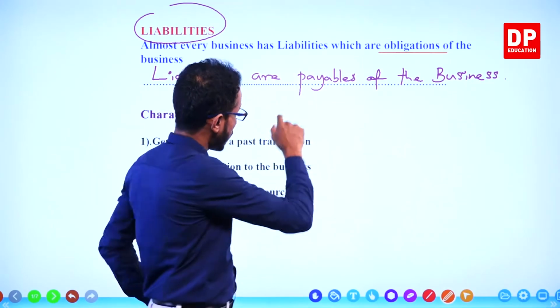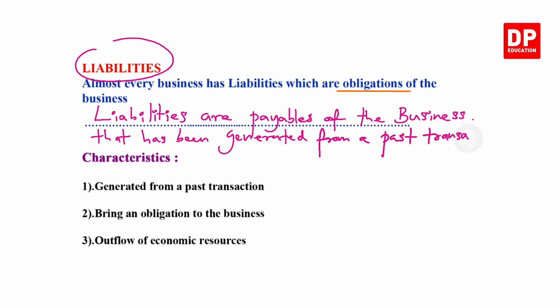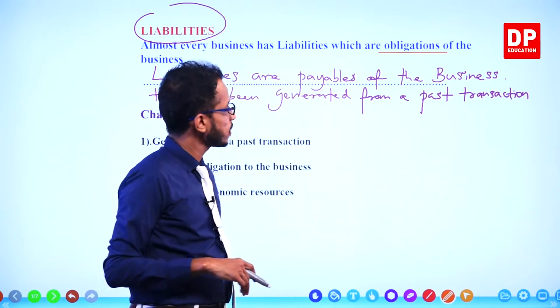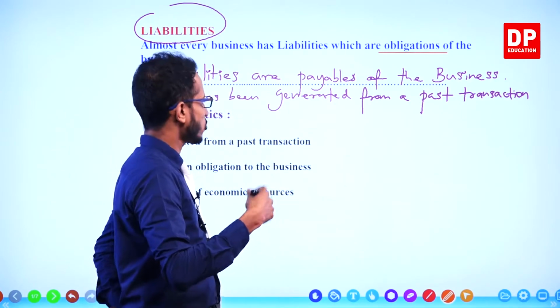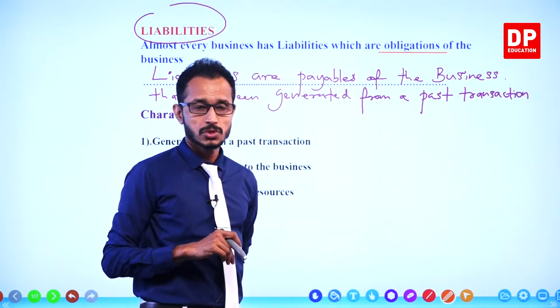These liabilities have been generated as a result of a past transaction. Or you can say has been generated from a past transaction. Should be paid back. Those are liabilities.